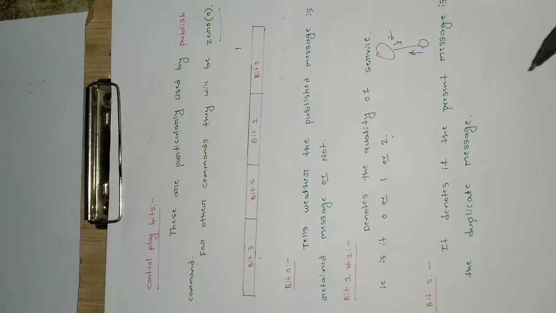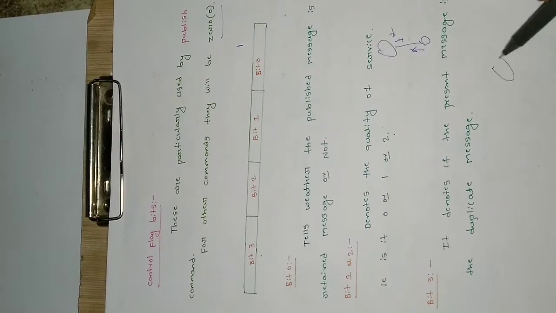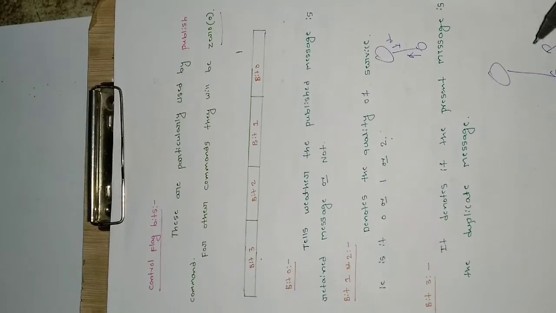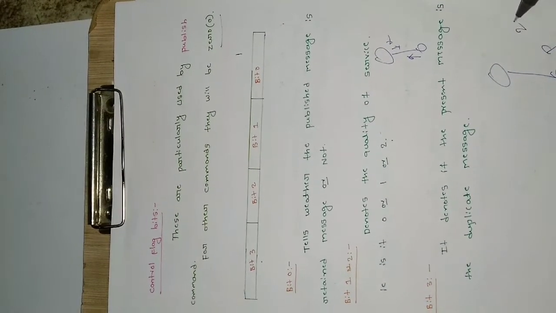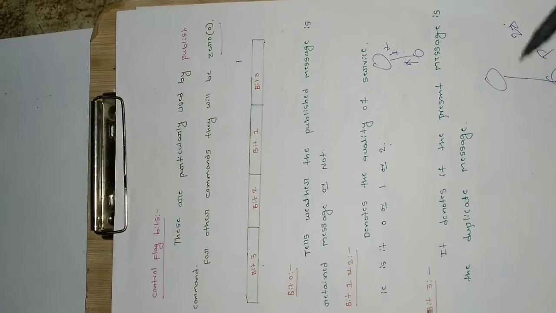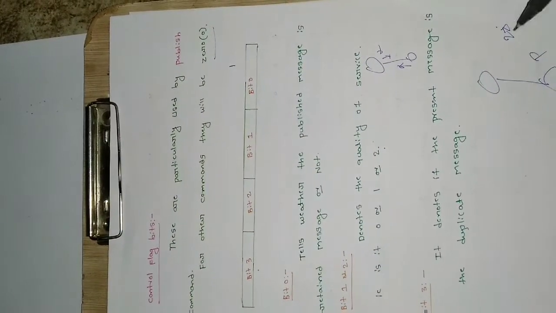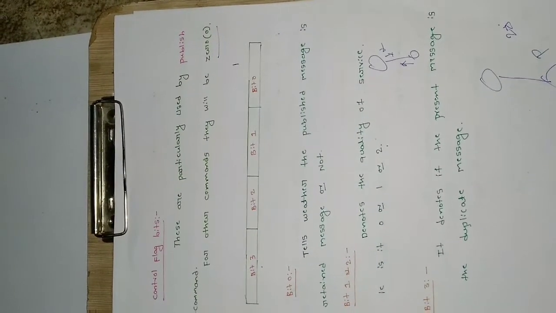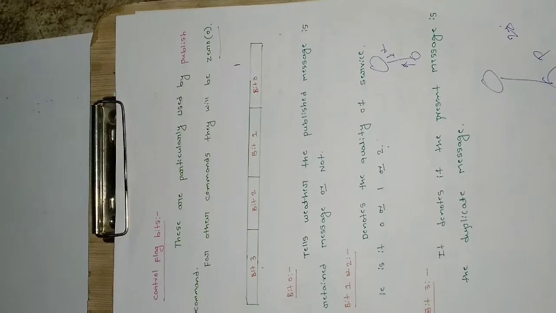So let us say this is the broker and you are the publisher, and you want to publish data, that is temperature. You have already sent 28 degrees Celsius, but you are not sure that this message was received by the broker. So you send the data again to play safe.